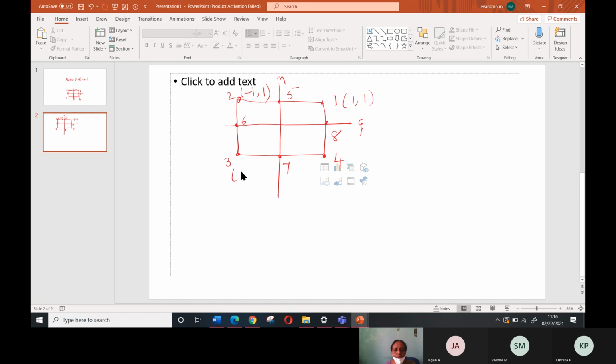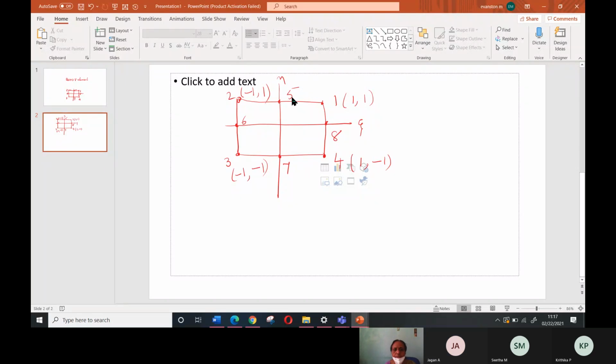And both of these are negative: xi is in the negative direction, -1, and y is also in the minus direction. And this is 1 comma -1.